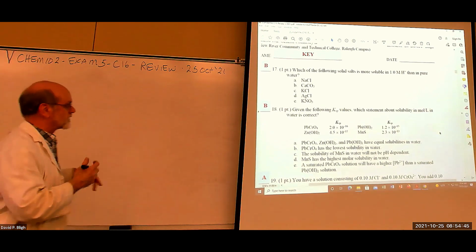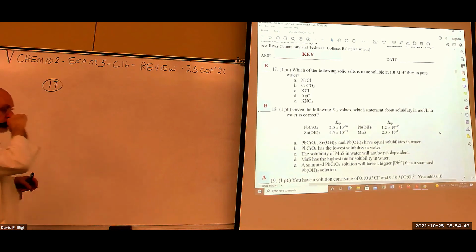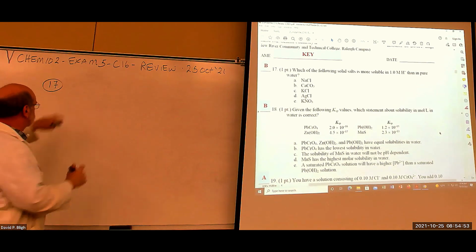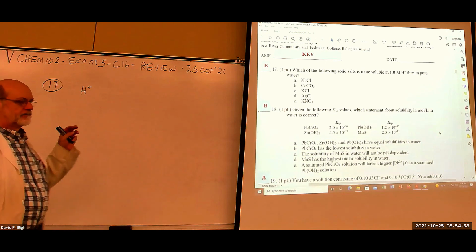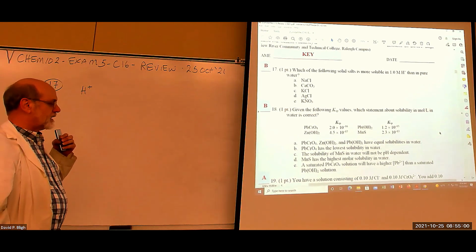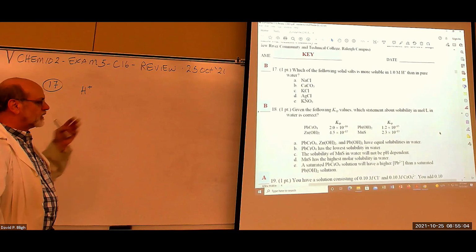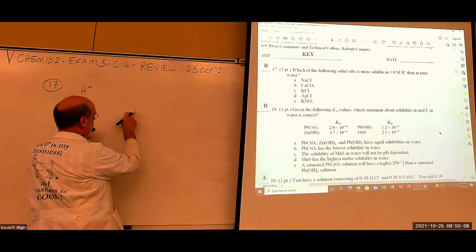So under what circumstances do we do that? For the acidification process, we look for the anion. Look for the anion of the compound.